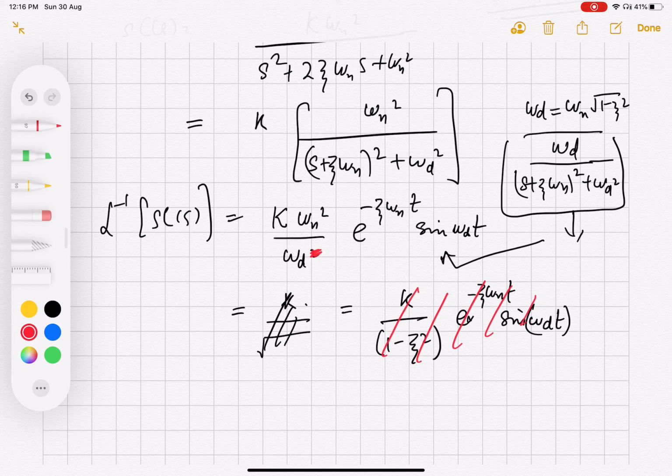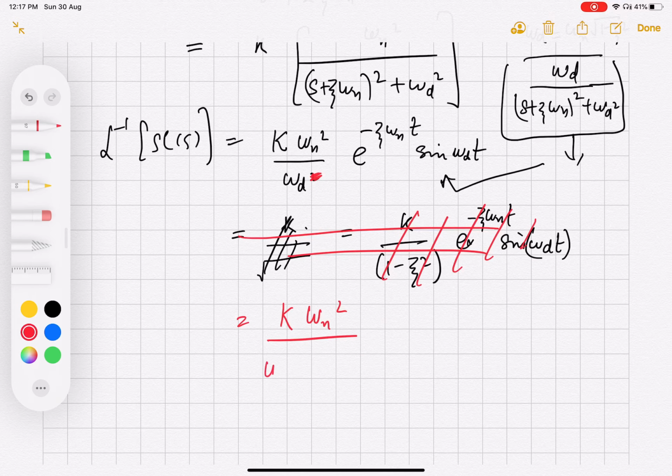Let me rewrite this as k omega n square over omega n under root of 1 minus zeta square. Although this does not have an effect on our derivation, still to be right. So this is the expression for c dot t.